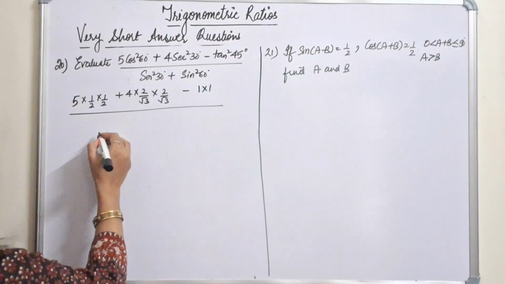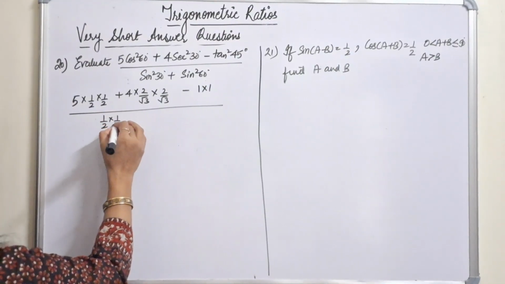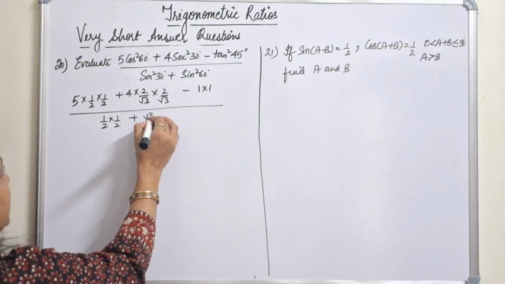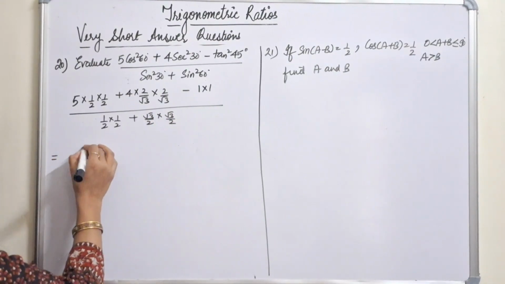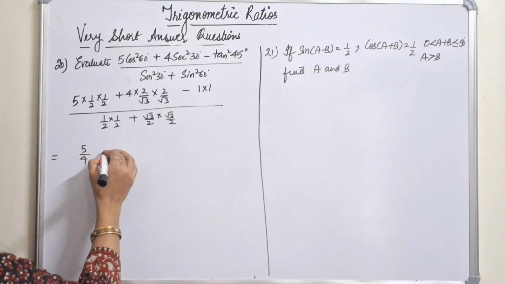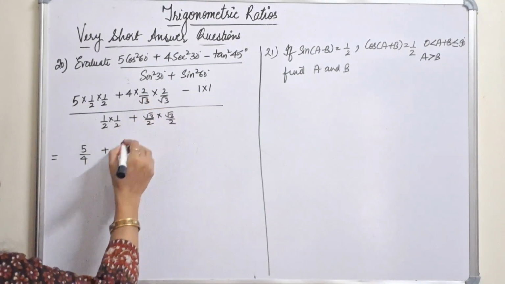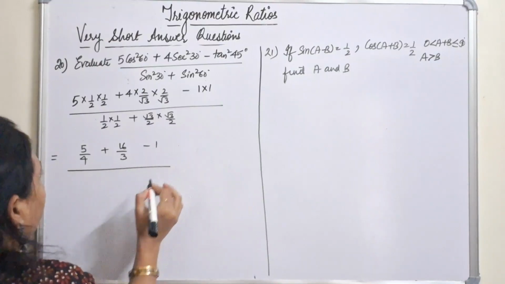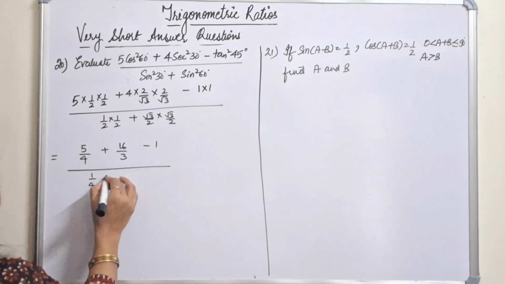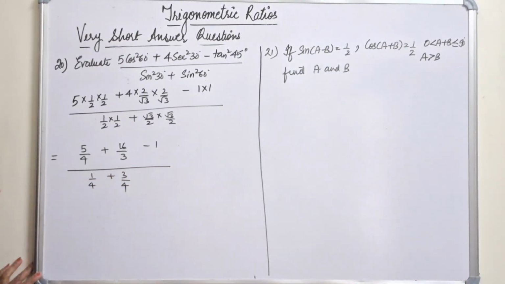Sin square 30 is 1 upon 2 into 1 upon 2 plus root 3 upon 2 into root 3 upon 2. Now solving, this is 5 upon 4 plus this is 16 upon 3 minus 1 whole upon, this is 1 upon 4 plus 3 upon 4.